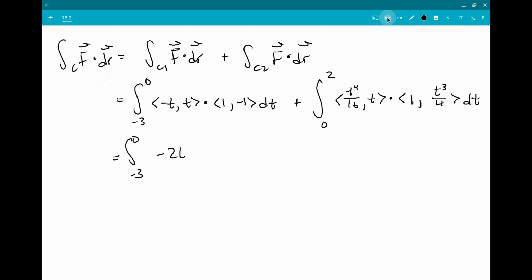Actually, I'll do it in 2 steps because I don't want to be skipping too much. And then in the second one, I take my dot product, I get t to the 4th over 16 plus t times t cubed, so that's t to the 4th over 4 dt.